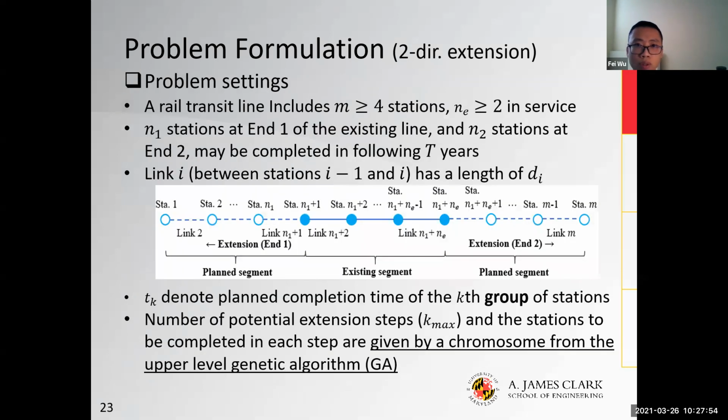As for the two-direction extension, most settings are similar to the one-direction extension, while we are determining the temporary ends of different phases in the extension plan using a genetic algorithm from an upper level.